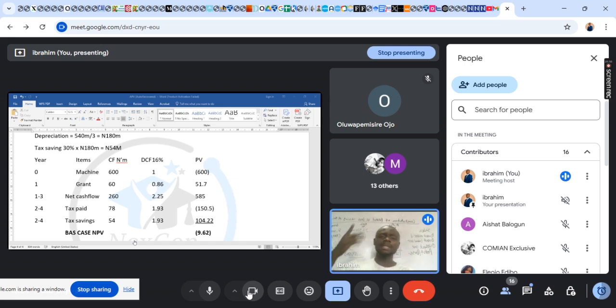So the cost of the asset divided by the number of years gives you the depreciation, and the depreciation is allowed for tax. Which means that depreciation is capital allowance. That's why we charge tax savings, for years 2 to 4, and that is why we have been able to arrive at the base case NPV.